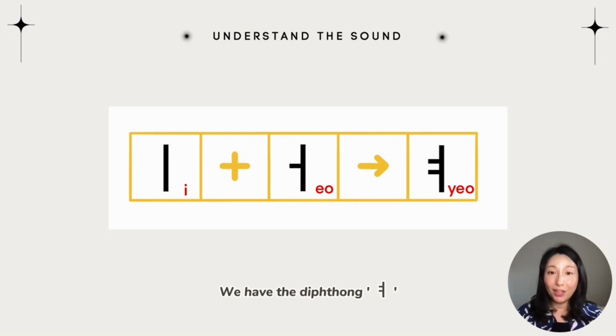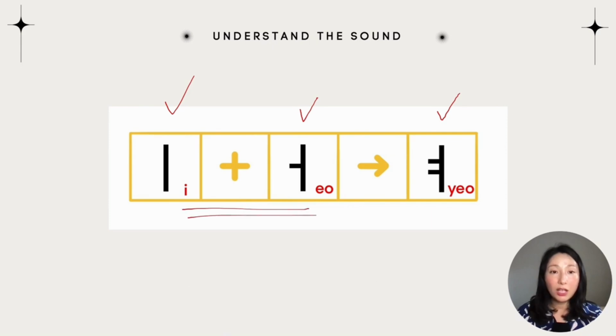We have the diphthong 야. The diphthong starts with a subtle initial E sound. It then smoothly slides into the A sound. The design is also very insightful.